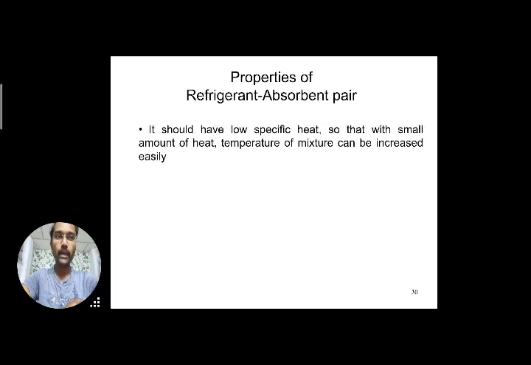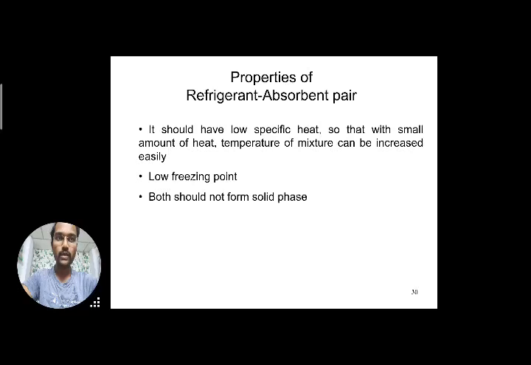For the combination of the pair, the same things again: it should have low specific heat, so that with a small amount of heat the temperature of the mixture can be increased easily. Next, low freezing point. Both should not form a solid phase when they mix together. Both should maintain a low freezing point and have low specific heat.